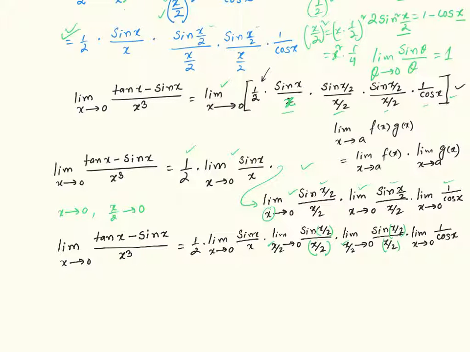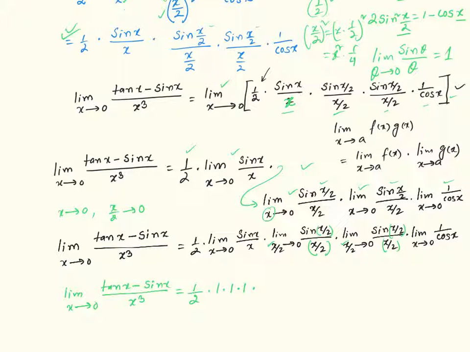Now things become pretty straightforward. The limit as x approaches 0 of (tangent of x minus sine of x) divided by x cubed is going to be 1/2 times the limit as x approaches 0 of sine x over x, which you know is 1. The limit as x over 2 approaches 0 of sine x over 2 over x over 2 is 1. Similarly, the next one is 1.